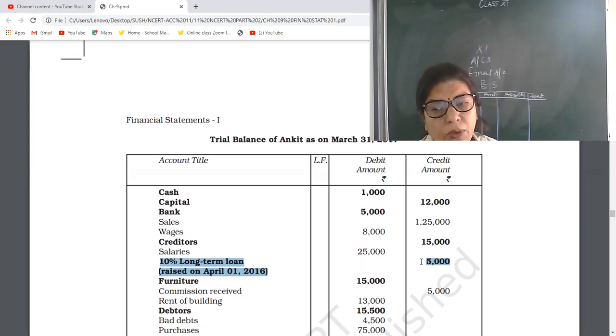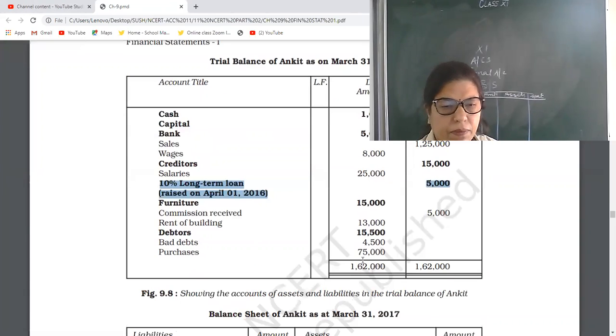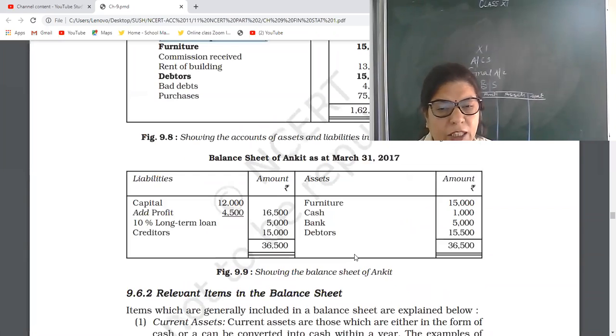But the loan amount is in credit, that's why it is a liability. If loan is given in the debit, that will be asset. Now furniture is asset, debtor is asset, okay? Bad debts, purchase, these are not to be included because already purchase included in trading account, bad debts already included in P&L account.